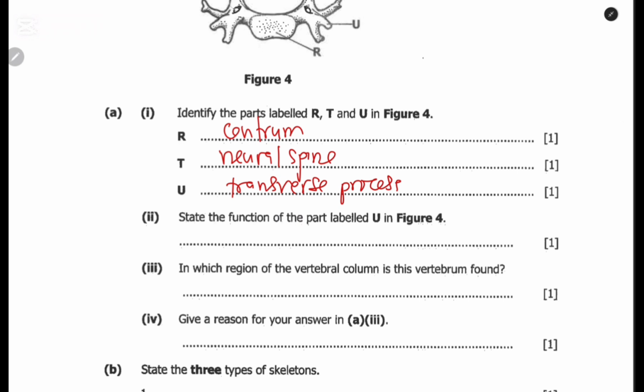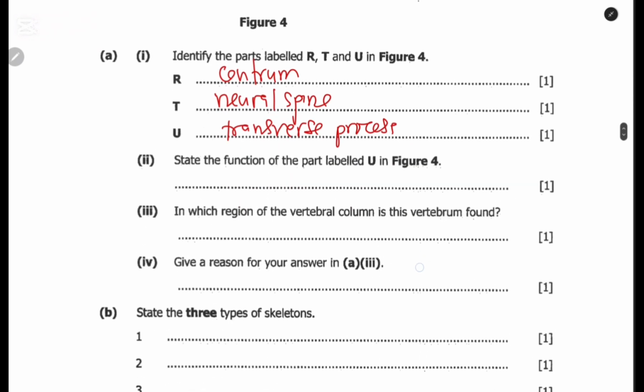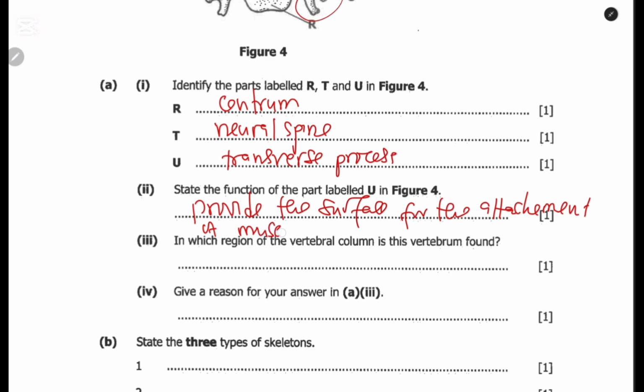Question 1 (a) ii, state the function of the part labeled U. So the part labeled U is this one. That one provides the surface for the attachment of muscles.